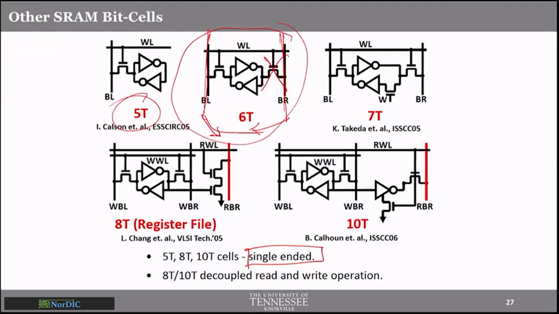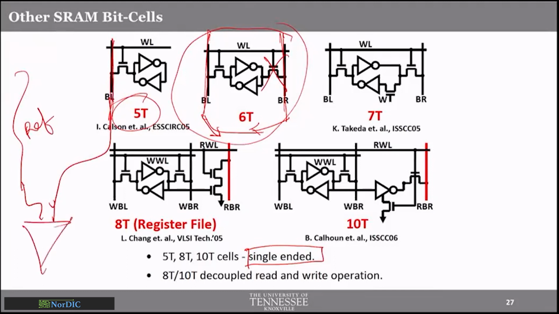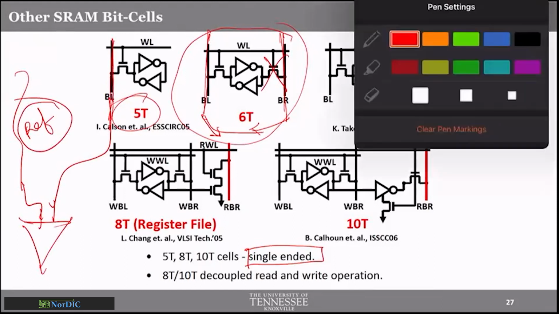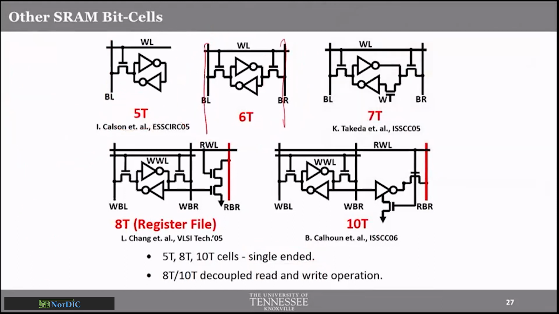Differential sensing is easier and better and more reliable. But when you have just one line, whom do you compare against? You create a separate reference, and then you compare these two against each other. Creating this reference is a challenge, and it's not really as reliable as having already existing references like bitline and bitline bar. So we don't like 5T too much.